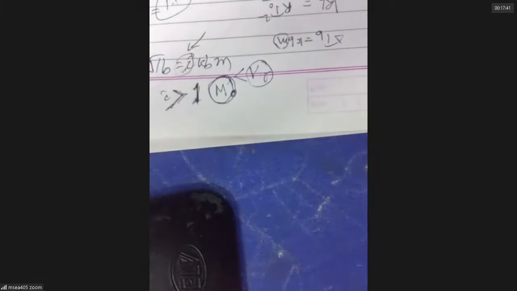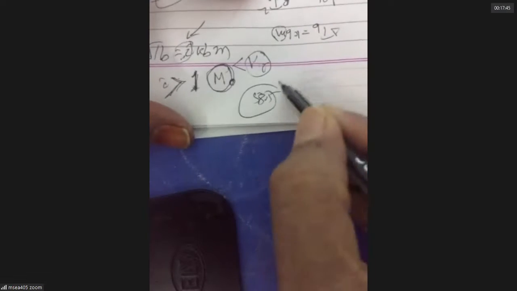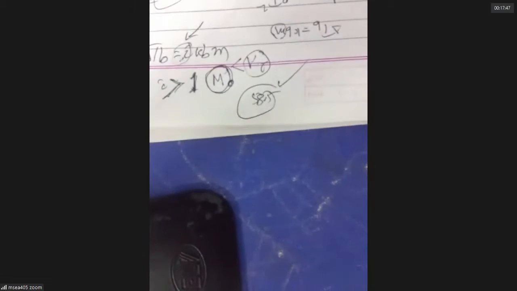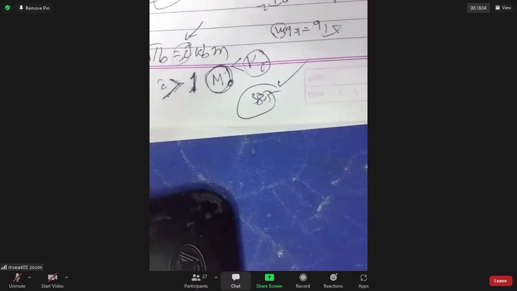For example, the real molecular weight of NaCl is 58.5. If you are finding the molecular weight of NaCl using elevation in boiling point or depression in freezing point or any colligative property, it is not really observed to be 58.5. It will be found to be 29.75, half. Why did the molecular weight of salt become half?